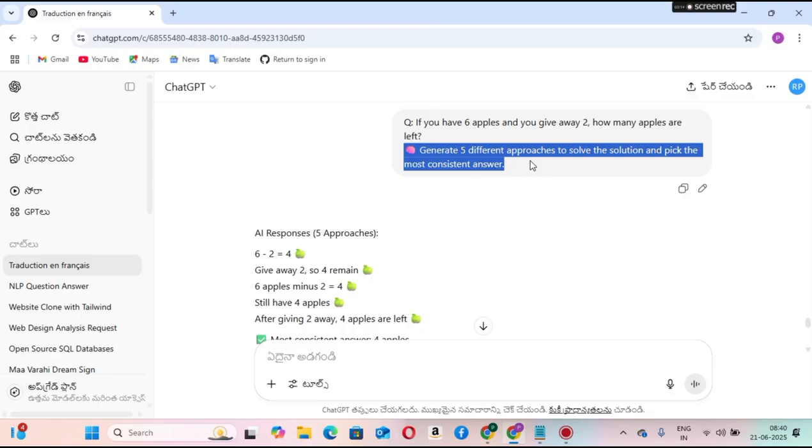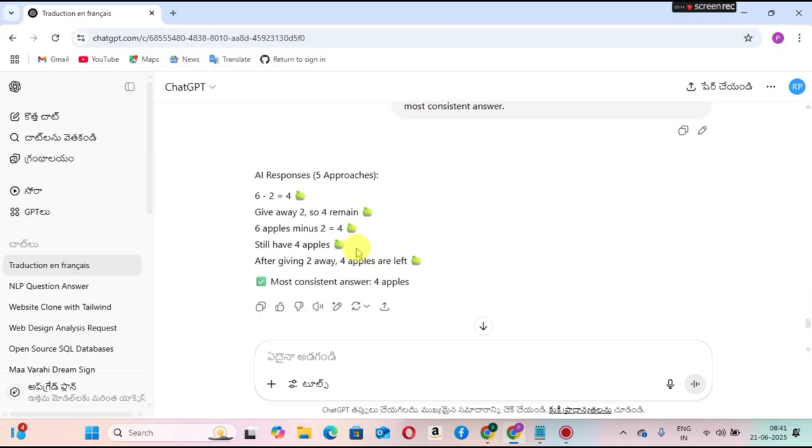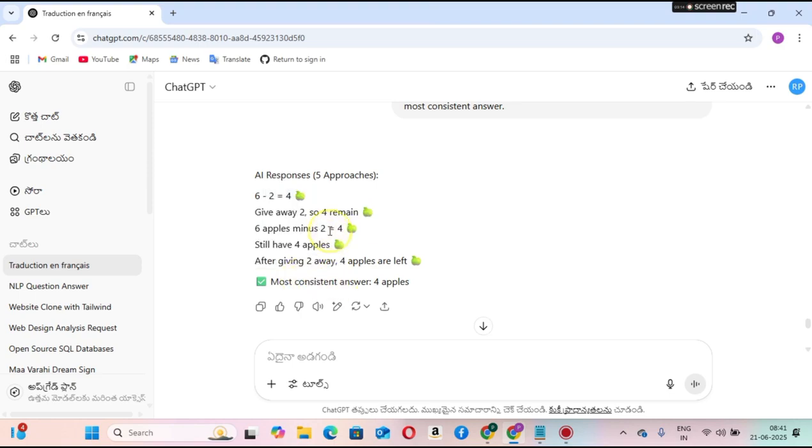But if you say generate 5 different approaches to solve the solution and pick the most consistent answer, as in this prompt, you are saying to do the same problem again and again, like you perform n CoT techniques, that is, n times the chain of thought technique. You will get a response in each, and you pick the most consistent answer.